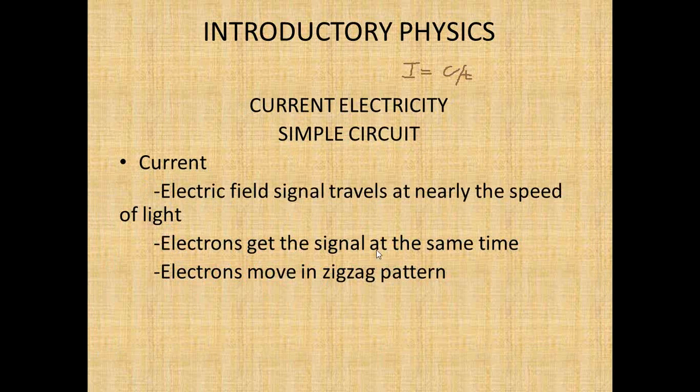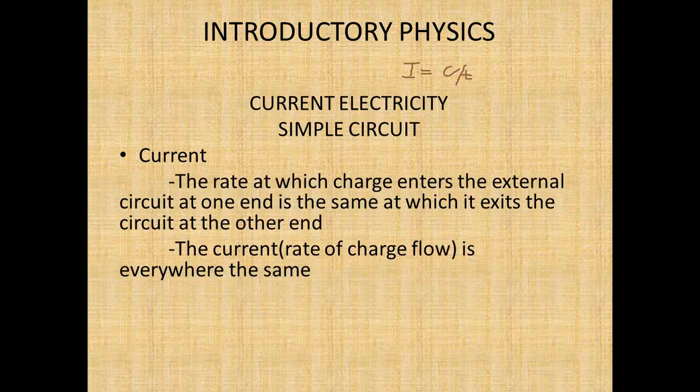All the electrons get the signal at the same time, because the electric field signal is almost instantaneous. Again, the electrons move in a zigzag pattern, but they're going to move in the direction that they're supposed to move. Okay?